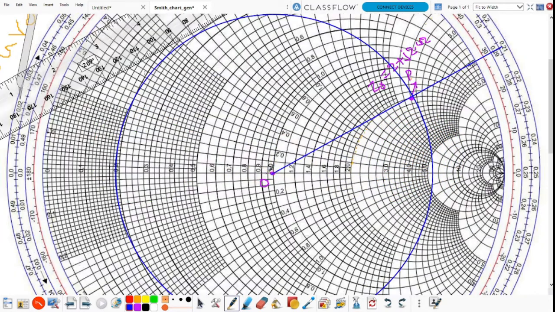And this is the horizontal axis. The VSWR circle crosses the horizontal axis to the right of this Smith chart.